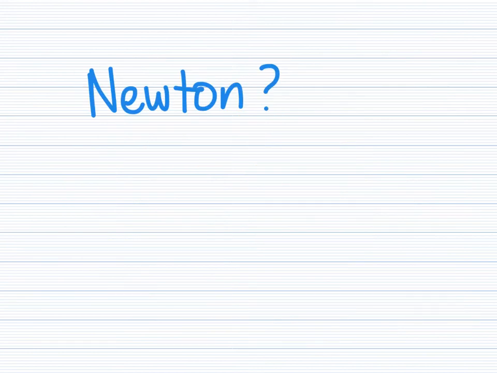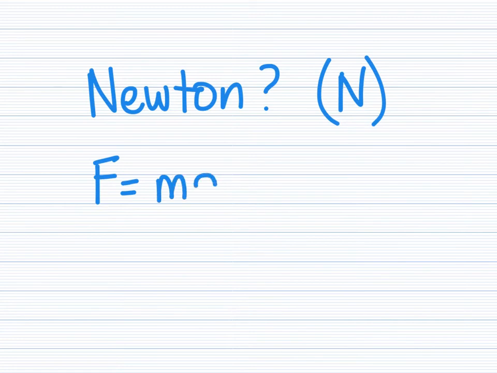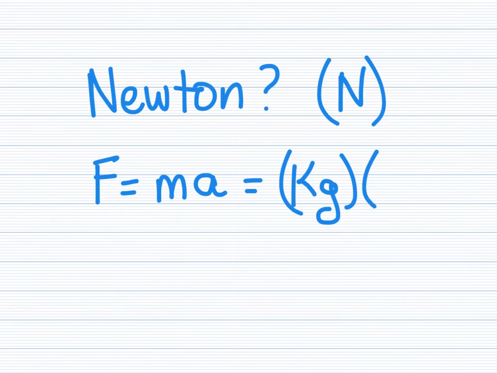Now I'd like to talk for a minute about what a newton is. A newton is abbreviated capital N, and a newton is a unit of force. Now remember that force is equal to mass times acceleration. Mass is in kilograms, so a newton is going to be kilograms times meters per second squared.